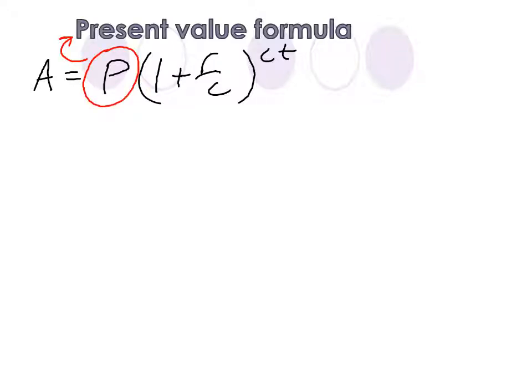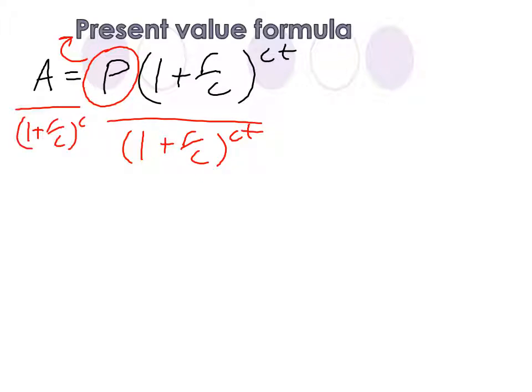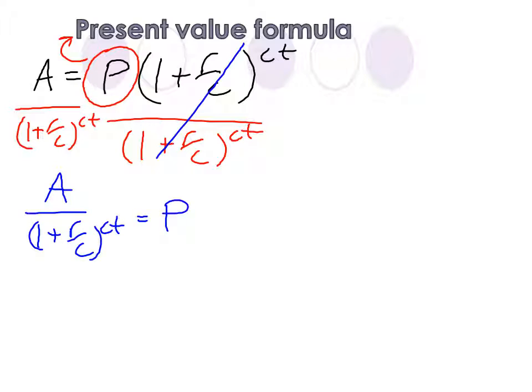It's asking you for P. So if we want to solve for P, we're going to divide by everything that's not P. So divide everything by (1 plus R over C) to the CT. And when you do that, that cancels, and you're left with A over (1 plus R over C) to the CT equals P.